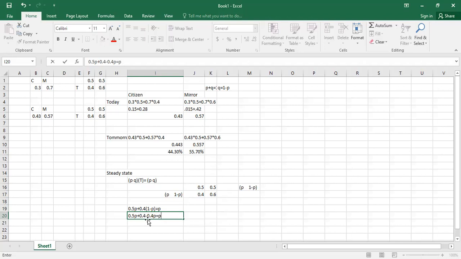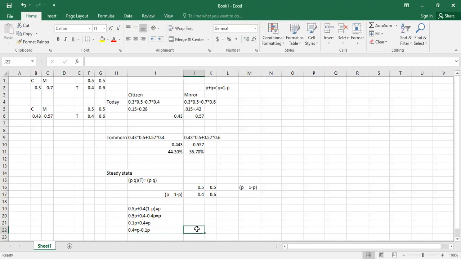So this minus 0.4 P, and I have a 0.5 P. If I subtract, I'm going to be left with 0.1 P plus 0.4 is equal to P, right? Then I can now collect the like terms together and say 0.4 is equal to P, and my P will cross the equal sign as minus 0.1 P, right?